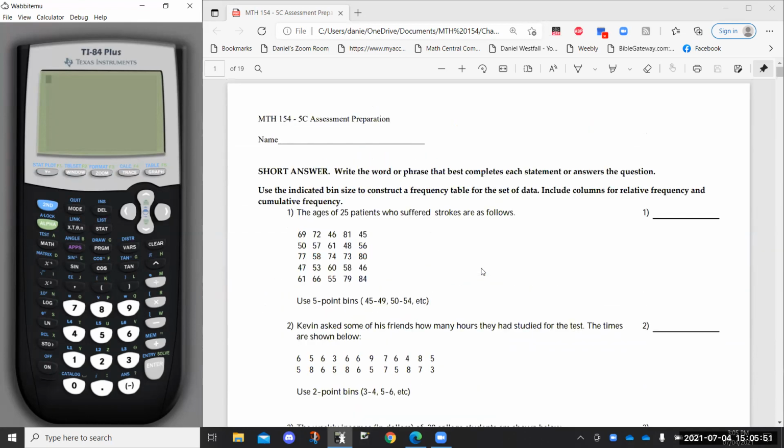First thing that you want to do, I'm going to go through and do how to do these by hand, assuming that you're not going to have a calculator with you all the time, is you're going to want to take this list and order it from lowest to highest, making sure that you don't miss anything.